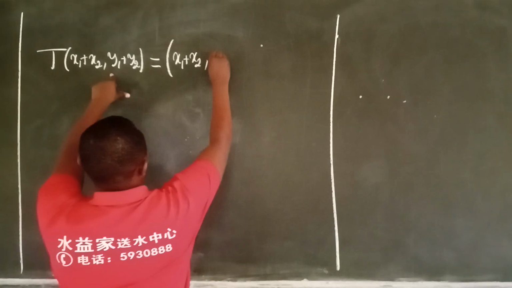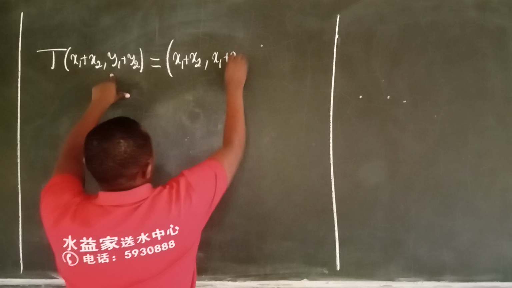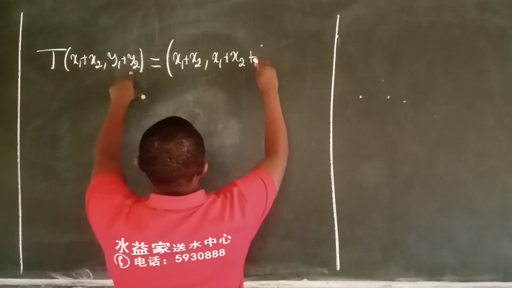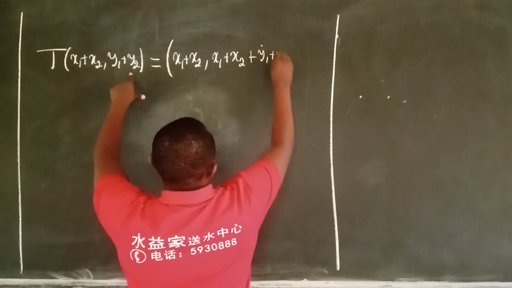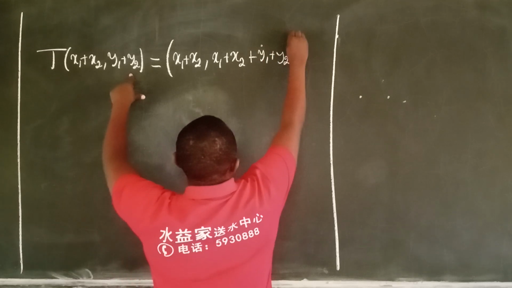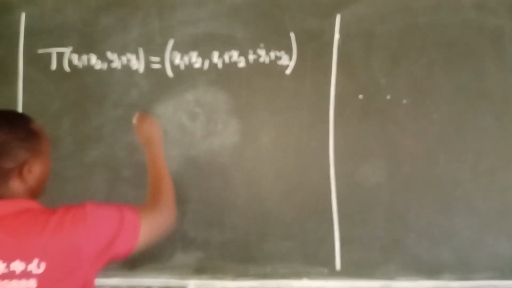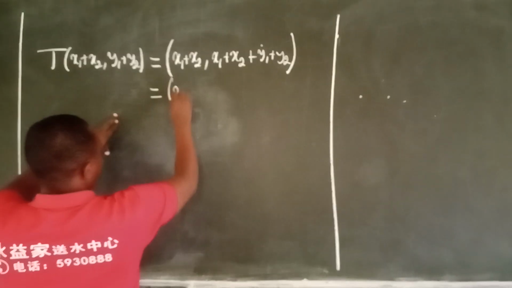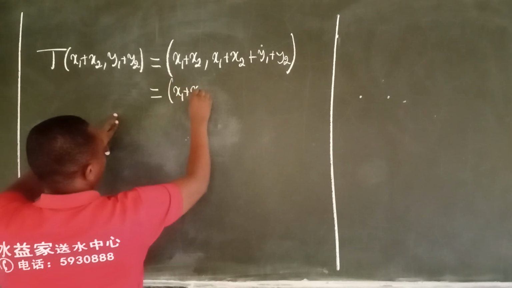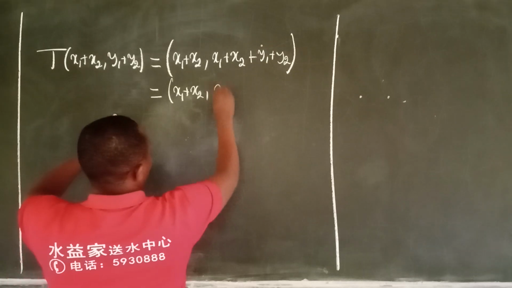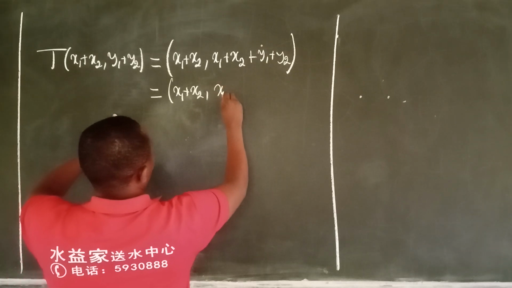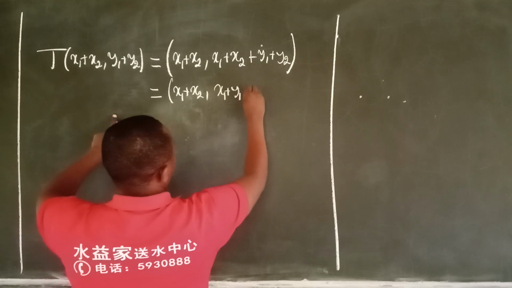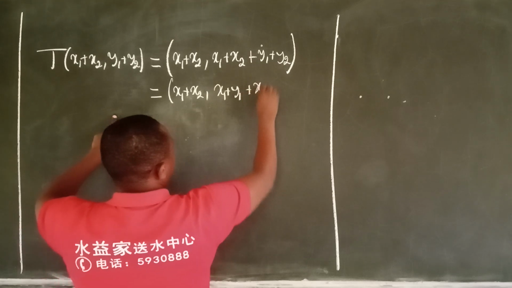That's why we write (x1 + x2, x1 + x2 + y1 + y2). This is the same as writing (x1 + x2, x1 + y1 + x2 + y2).